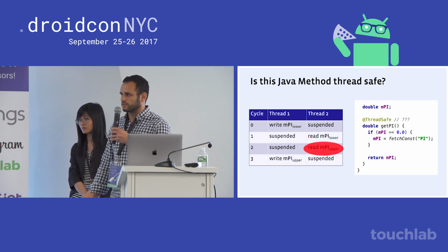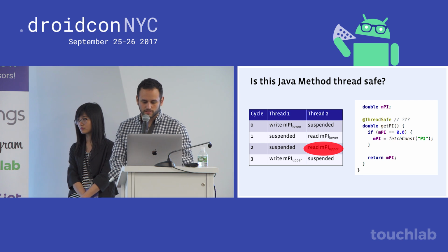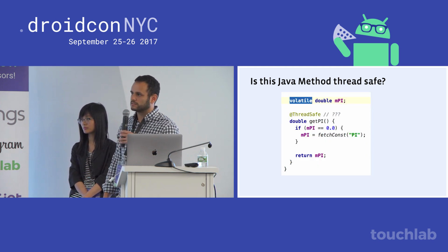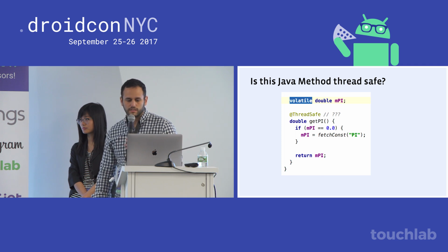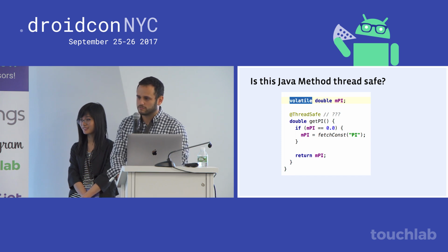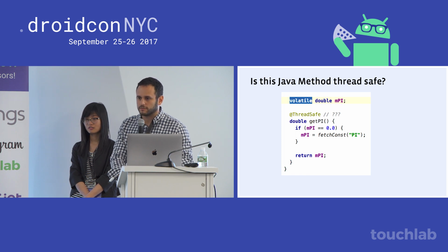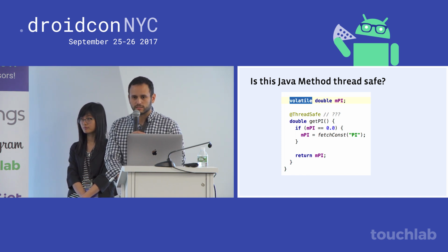And so it returned with an invalid result. One way to fix this would be to make mPy volatile, which is a keyword indicating to the VM that reads and writes should be atomic to mPy. But the overall point that I want to make here is that determining thread safety, even for small code fragments, is not always straightforward, and it definitely gets more complex as the code base gets larger.